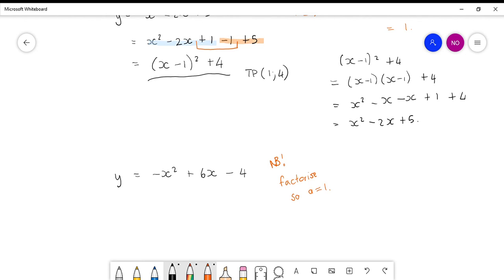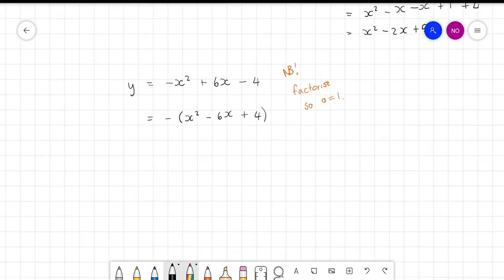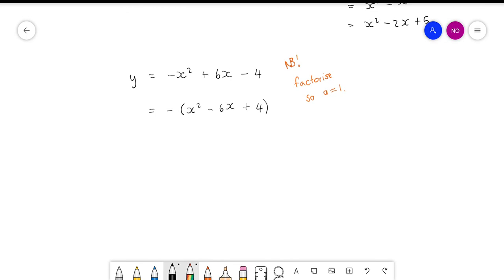I'm going to do this as a mostly, then maybe you can see better. Okay. And this. I just took out a minus.